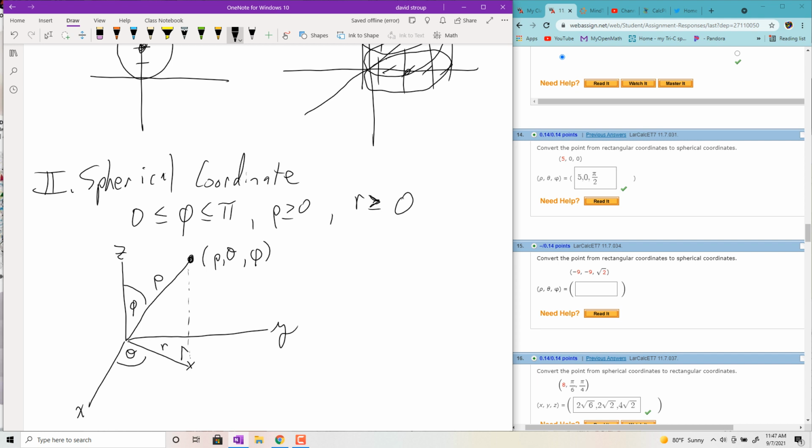So I need the conversion formulas. You can get your hands on them just by first using this triangle down in the xy plane and using polar coordinates. So x is equal to r cosine theta, and y is equal to r sine theta.